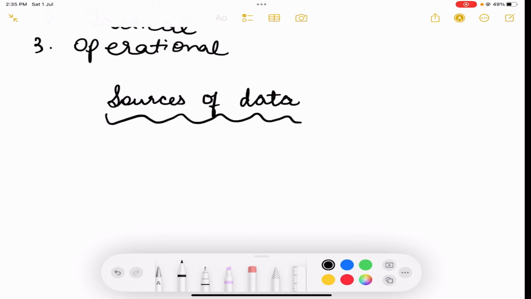So you know there are various ways using which data can be collected, right? So we have two things. We have primary data and we have secondary data. Primary data is when data is collected as first hand information, collected primarily for the first time. Secondary data is when the data is collected from a secondary source, which means the information cannot be 100% first hand because it has already been processed and used for some other purpose.